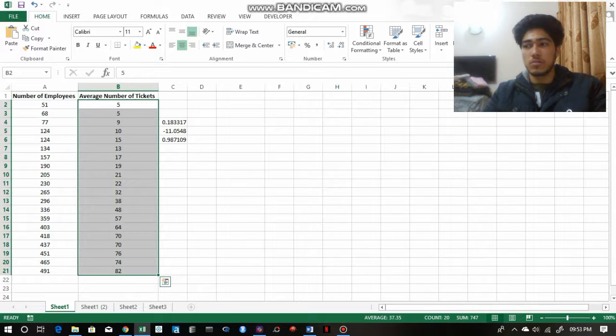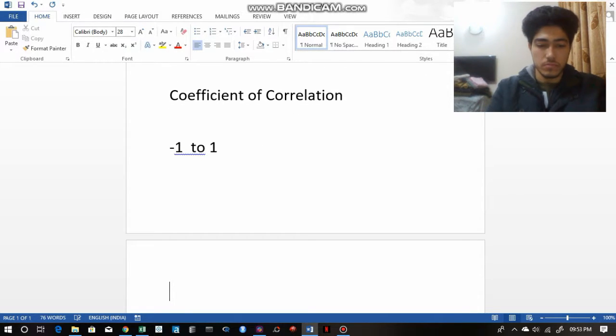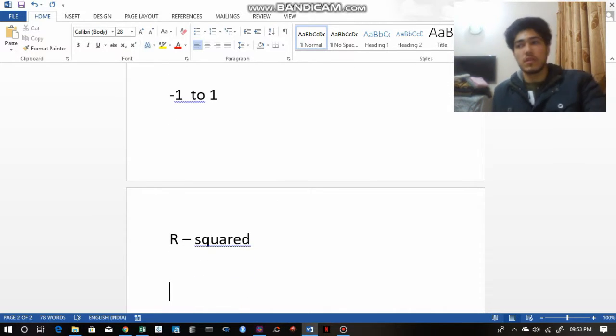Now to verify this, there is another term, coefficient R squared or coefficient of determination. It is basically the square of the coefficient of correlation, and it is the proportion of the variance in the target variable that is explained by the model.